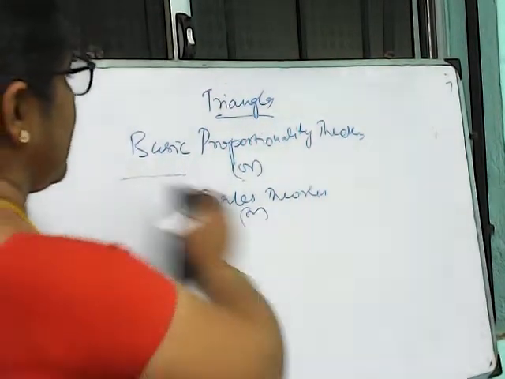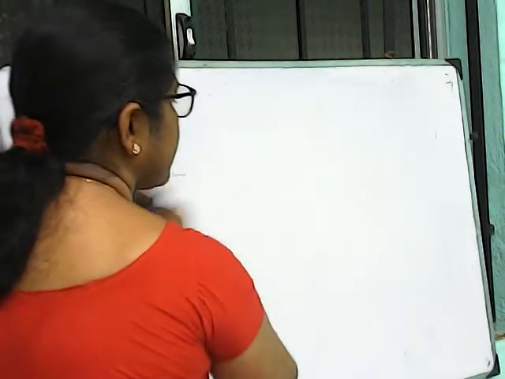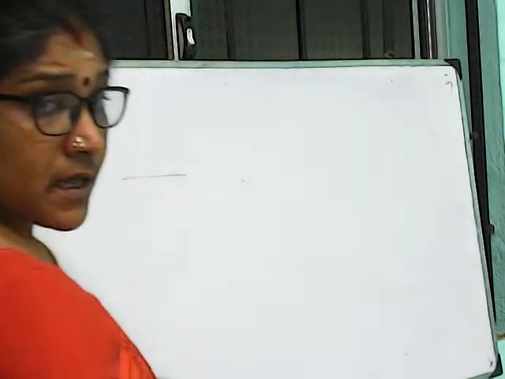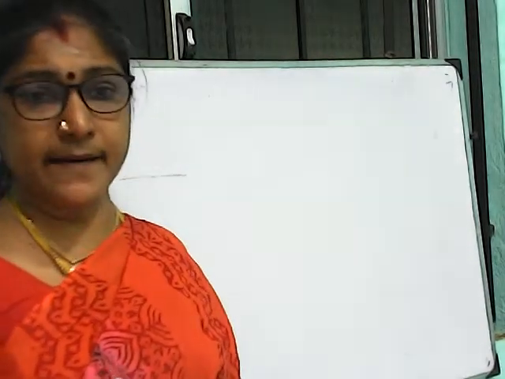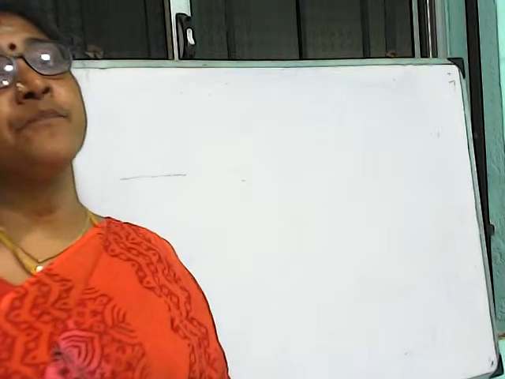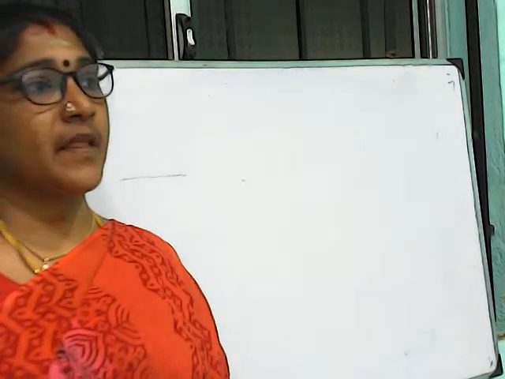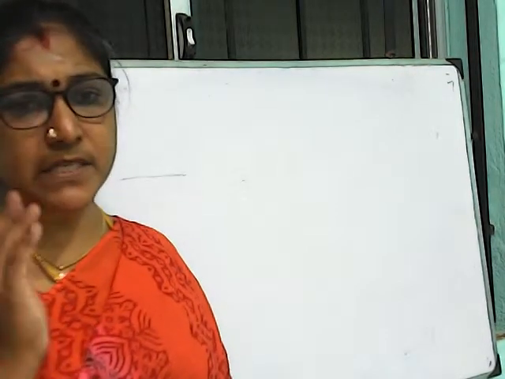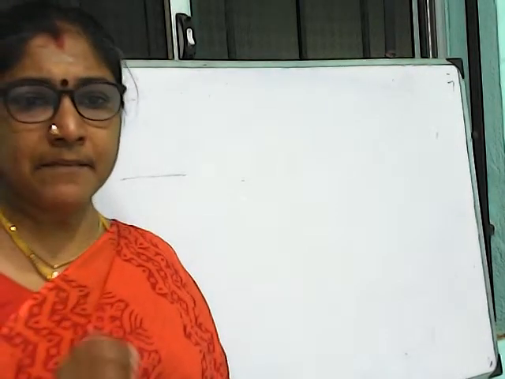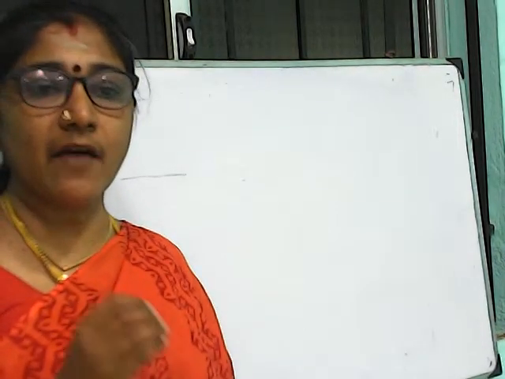Now many people have asked for the proof of this theorem. Let me see, we'll prove that. In the important chapters, circles, triangles, areas related to circles, and even surface areas and volumes, in any chapter, first write what data they have given.